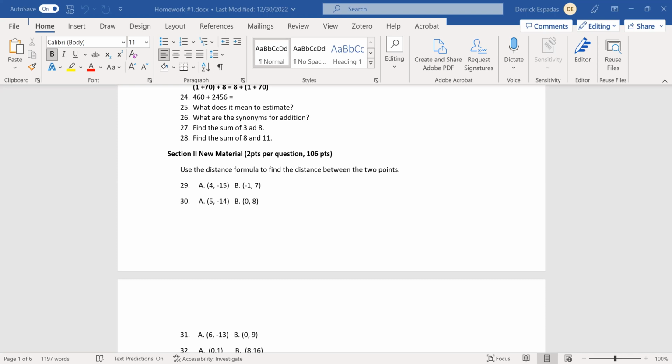Well, 4 minus 0 is just going to be 4. And then y2 minus y1. But 3 minus 0 is just 3, so we can just go ahead and do that quickly.